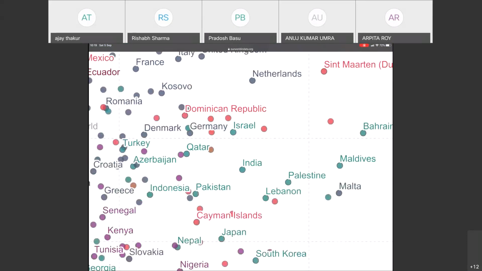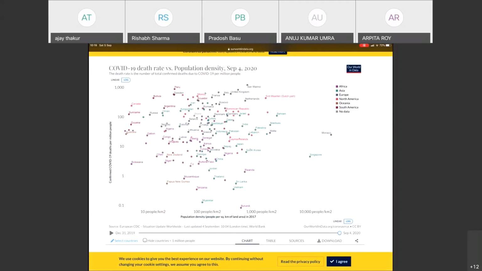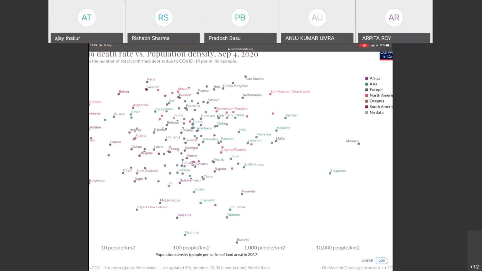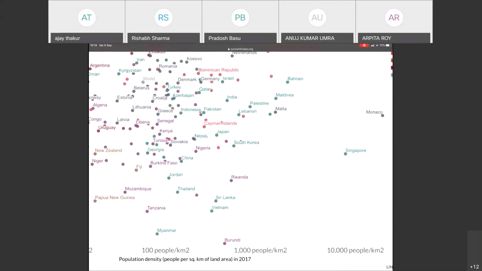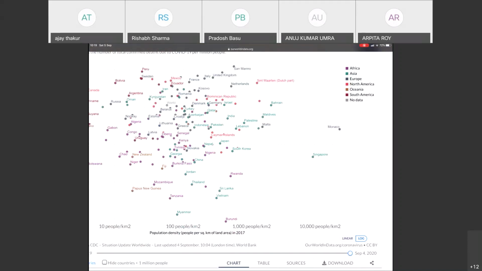It has a death rate somewhere around 50 to 60 per million, and its population density is around 800 to 900 per square kilometer.